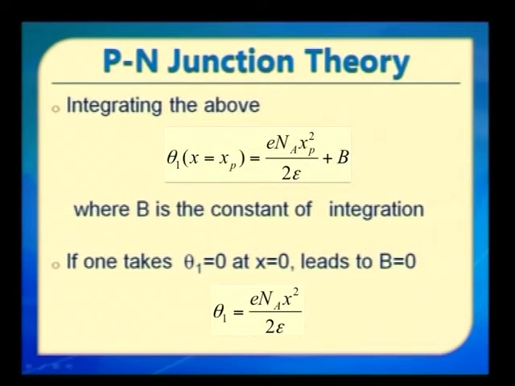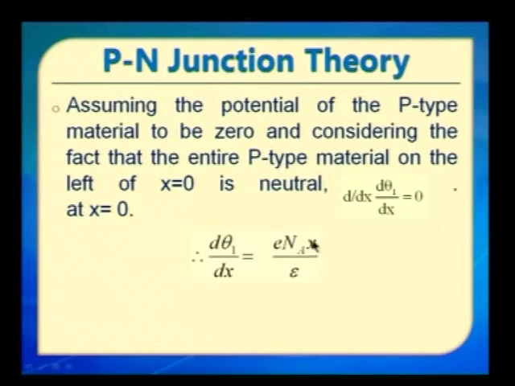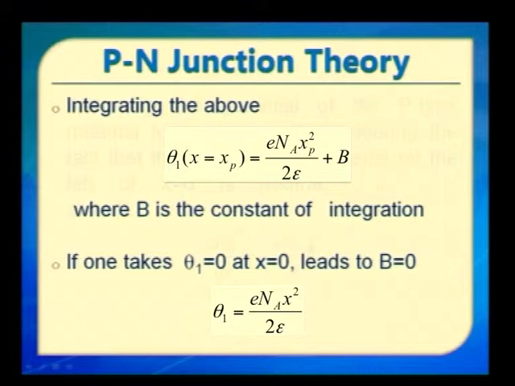Integrating the above, your theta 1 will be E into n a into x square by 2. So, upon integration your x will become x square by 2, that is what I am having here, x square by 2 into epsilon plus again plus b, another constant of integration. You get rid of b again, if one takes theta 1 is equal to 0 at x equal to 0, it leads to b equal to 0.